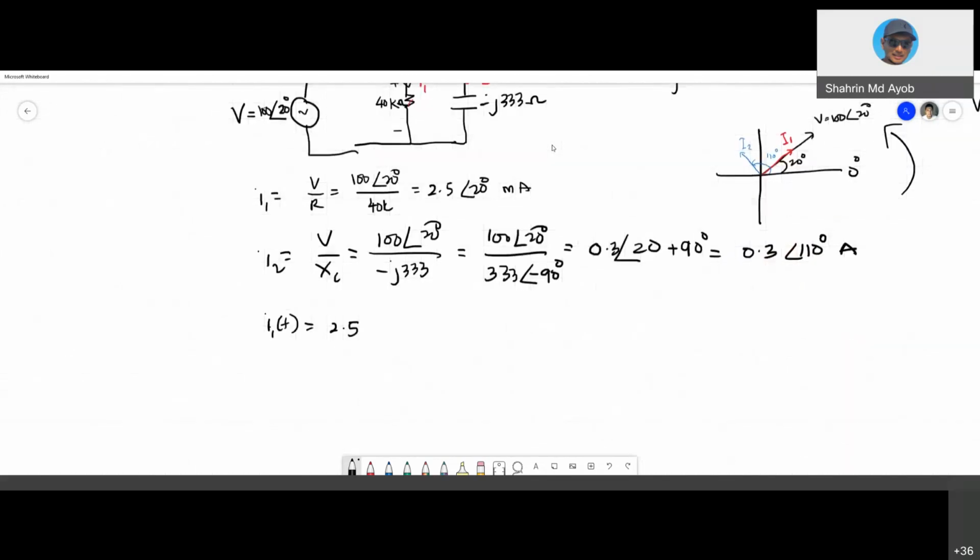So just follow cos, and the omega should be the same as the voltage source. So 60t, and the angle is plus 20. Please don't forget milliampere, because when you calculate it, this is in milliamperes. And for I2, this one is 0.3 cos, the omega is still the same, 60t plus 110, in ampere. So that is the final answer.